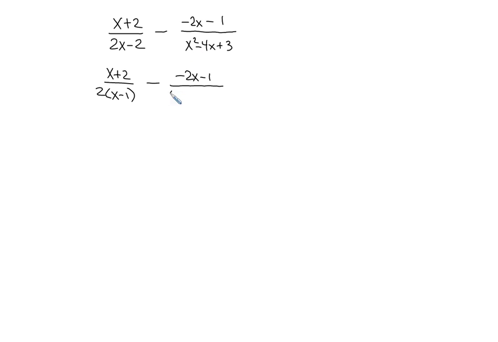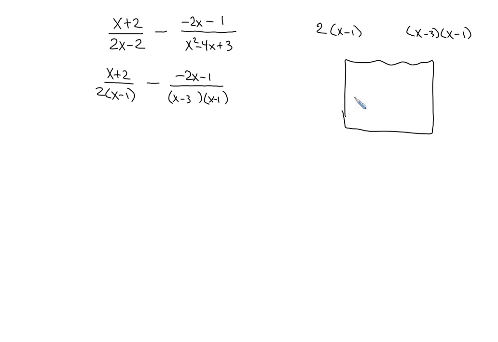What does the bottom here factor into? X minus 3, x minus 1. Now it's easy to take your two denominators and see what has to go into the bag. So, what has to go into the bag to make you happy? Now you're happy. What has to go into the bag extra to make your brother or sister happy?